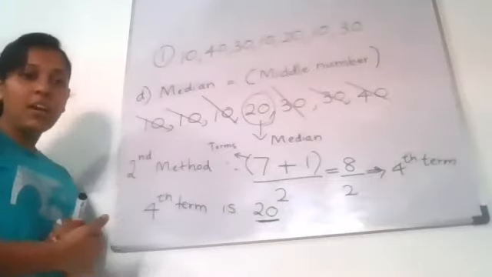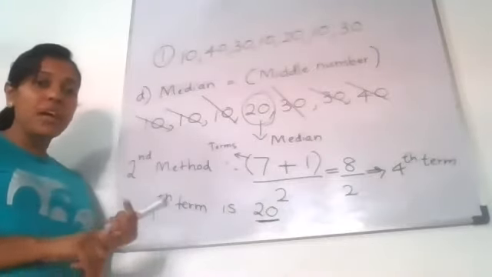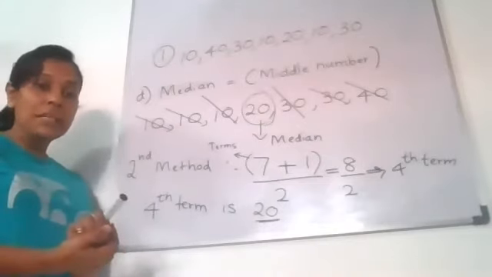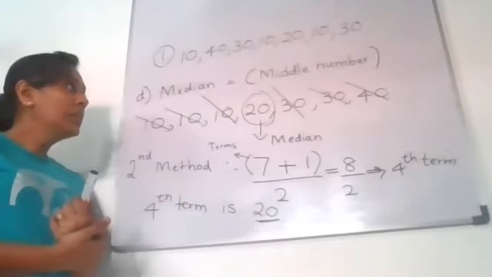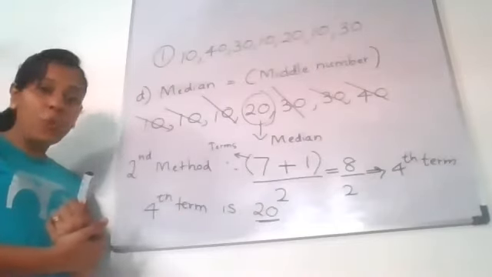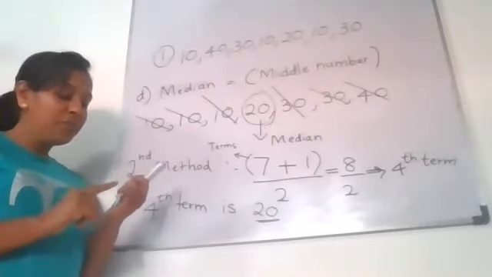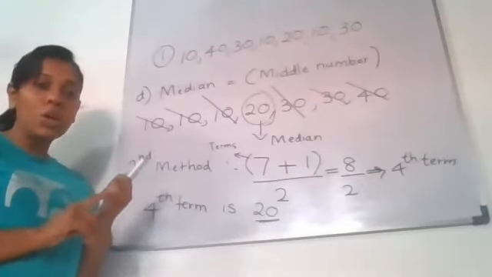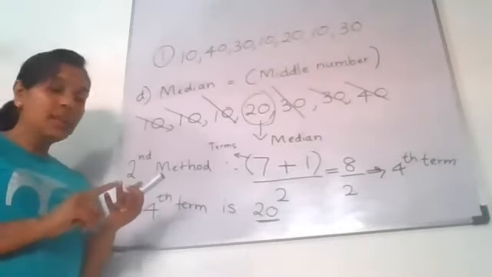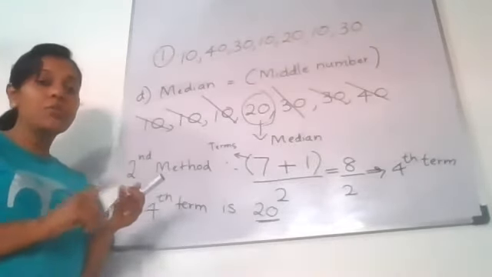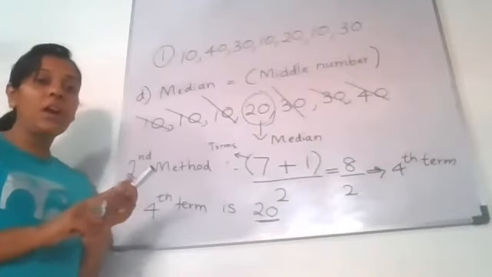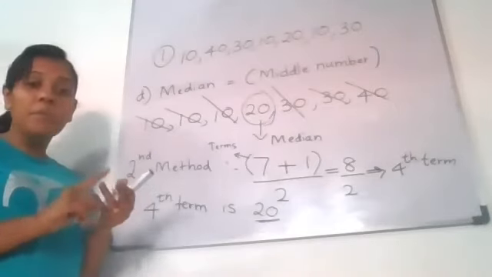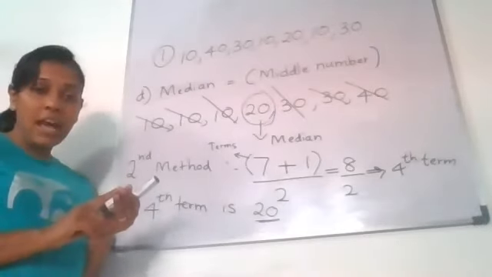So today what we have done from data handling, I mentioned earlier, in data handling there are many new terms we learn. I have explained 4 terms from data handling. The first term we have used, the mode. Mode means the highest occurring number. Then the second one, that was the range. Range means the largest value minus the smallest value. Then we identified the mean. Another name for mean is average.